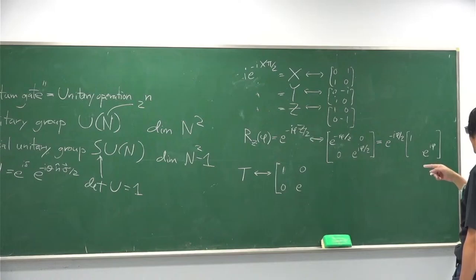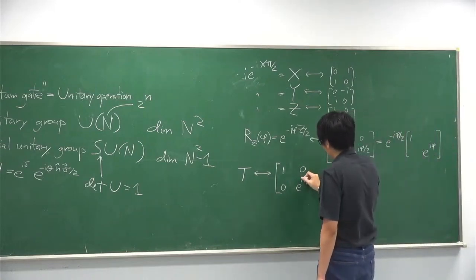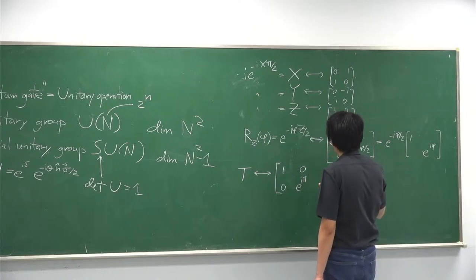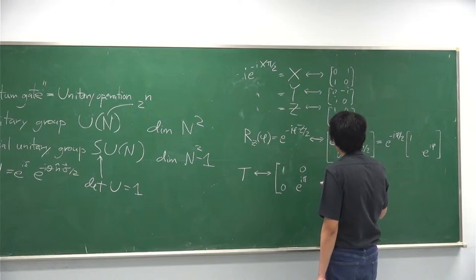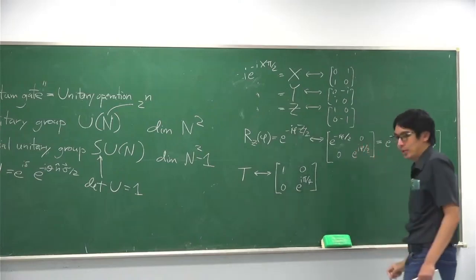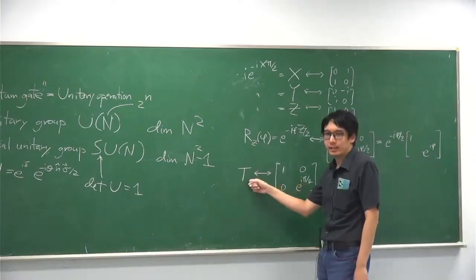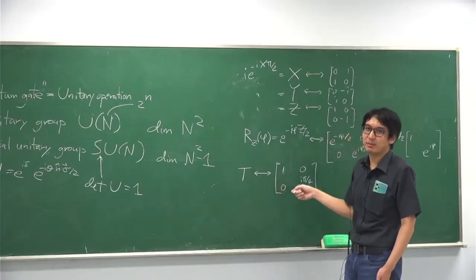So if I take a square root of phi, so this is e^{i pi/4}. I need pi/4 here. But in the literature, people would call this the pi/8 gate just because of that reason.